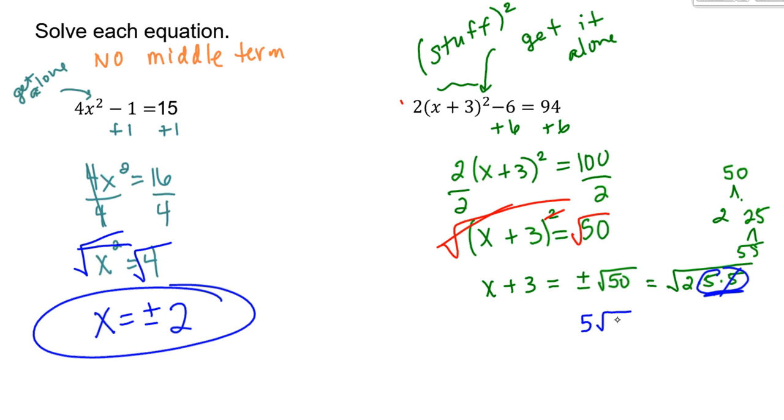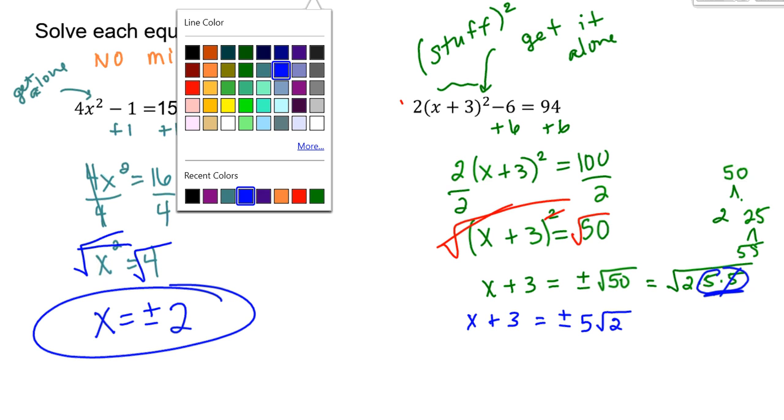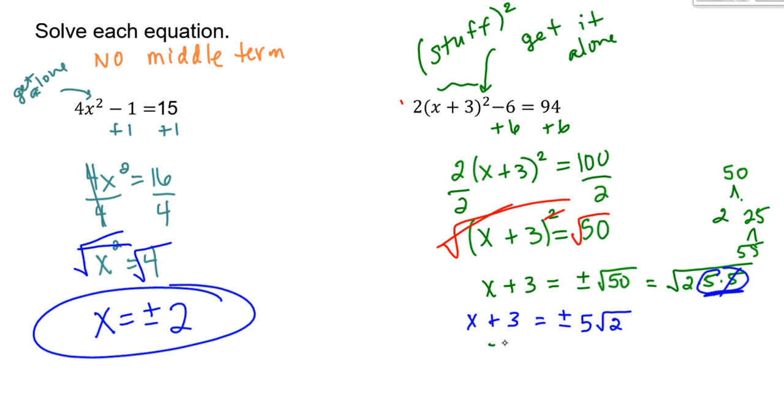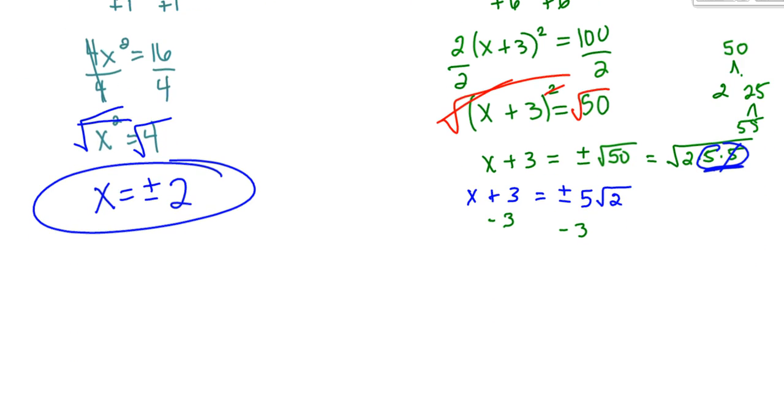I've got a 2 left over inside, and then the plus or minus, the x plus 3. Now I'm not done, not quite yet. I've got to finish solving for x, which means to subtract 3 from both sides. Now here's the weird part. This says x equals plus or minus 5 square root of 2 minus 3.